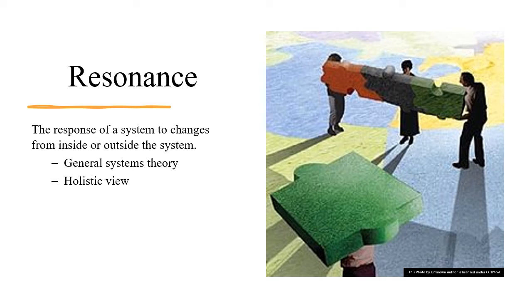Holistic view, just like looking at your patients as a whole. We need to look at the facility as a whole when changes are made. How is it going to affect other departments?